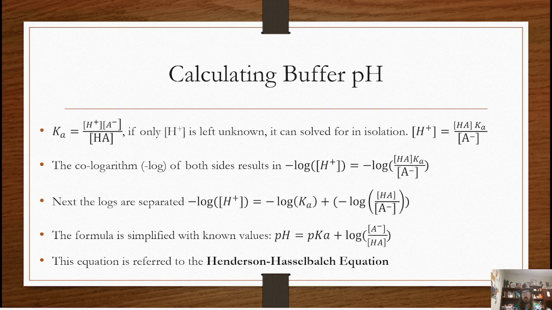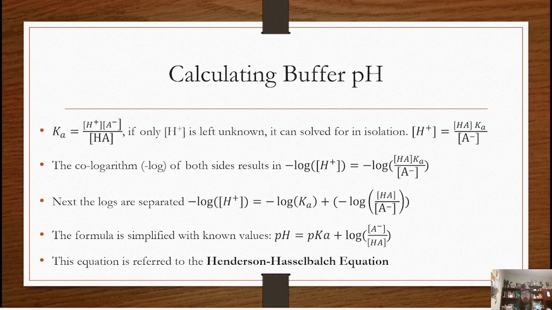But if you take the negative logarithm of each side, you separate our logs, and you get what is known as the Henderson-Hasselbalch equation, which says pH is equal to the pKa plus the log of A- over HA.